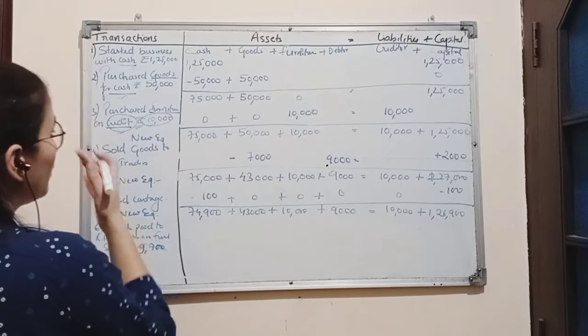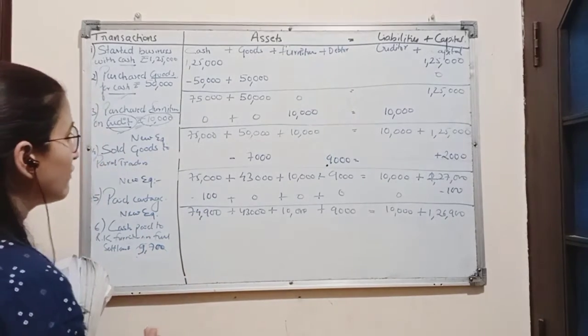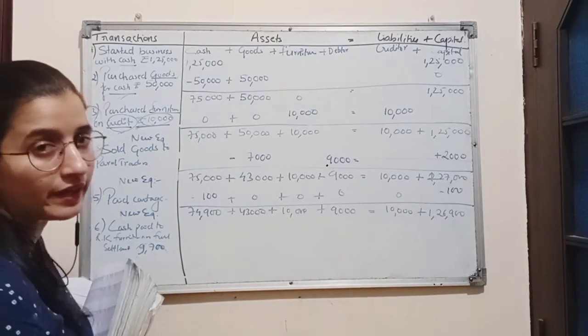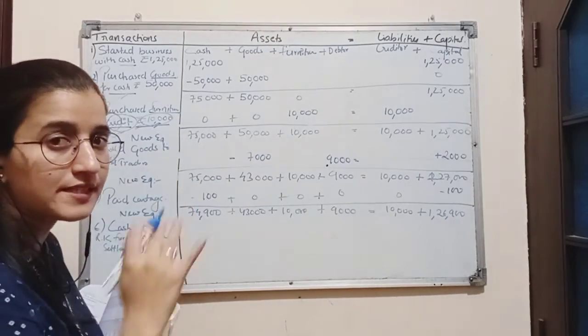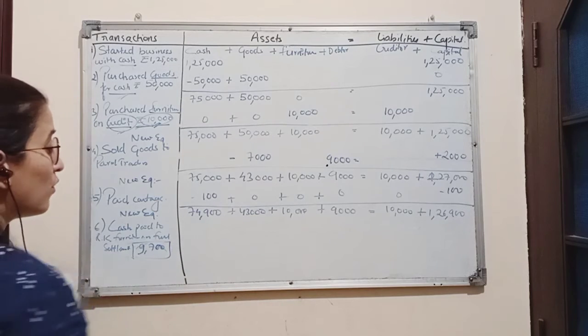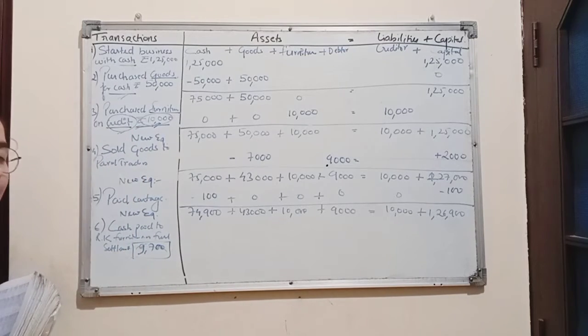So as we know, in the third transaction we purchased the furniture from RK Furniture amounting to rupees 10,000 on credit, which means we have to pay RK Furniture rupees 10,000. But RK Furniture has agreed to receive only 9,700 from us instead of 10,000.